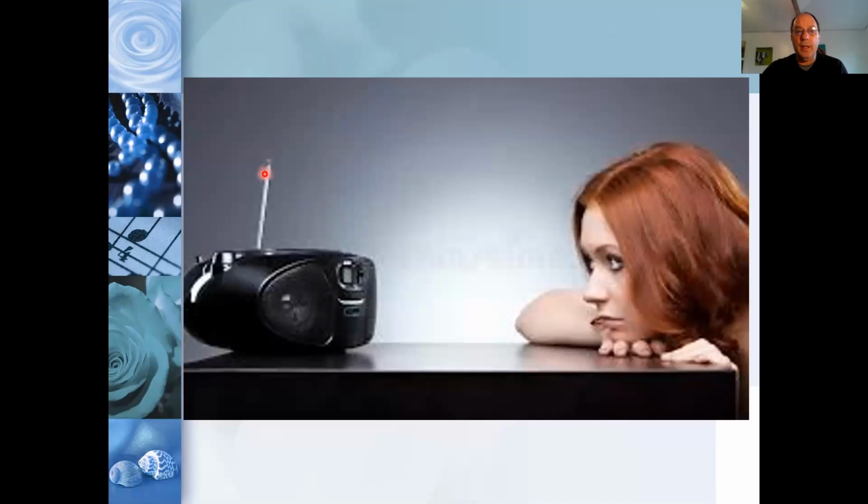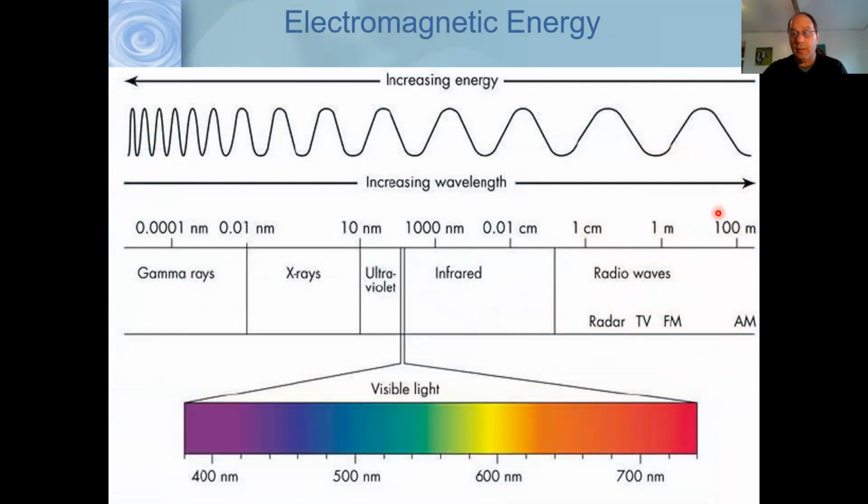It receives the energy, it converts it into sound, and it comes out your speakers. That's AM radio. And the way it works is AM radio has a wavelength of 100 meters. So that radio tower is sending out a signal, and that signal bounces around at a wavelength of 100 meters.